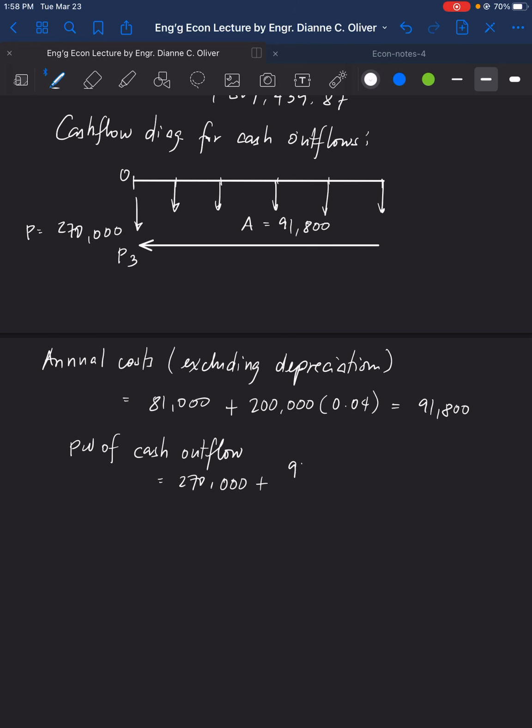So that is 91,800 times (1 plus 0.25) raised to 5 minus 1, all over 1 plus 0.25 raised to 5 times 0.25.